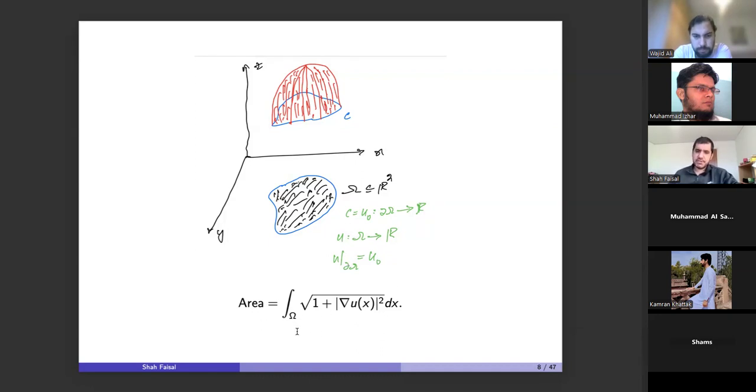Given a function u, you take the gradient squared plus 1, take the square root, and then integrate it over the domain omega. That's the area of the graph. So now you take a function that represents some surface with boundary on the curve C, and you assign to it the area of its graph. That gives you a well-defined functional, and you are trying to minimize this.